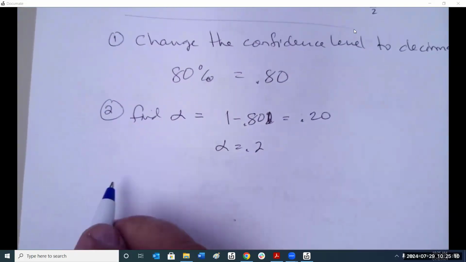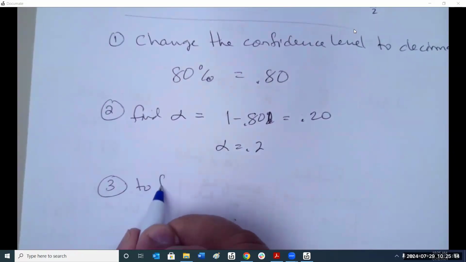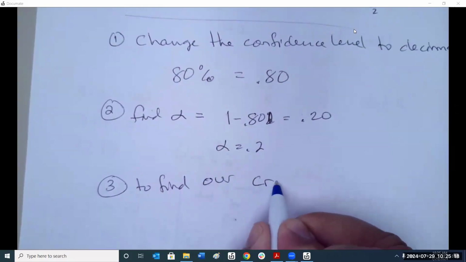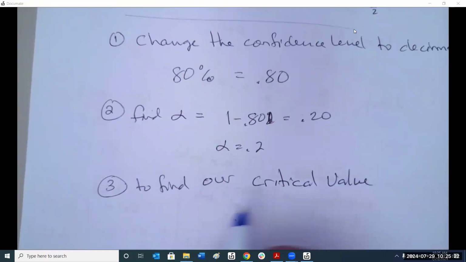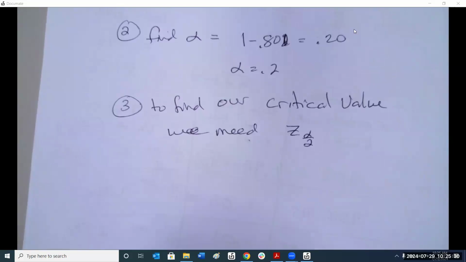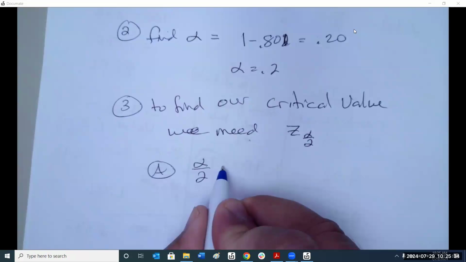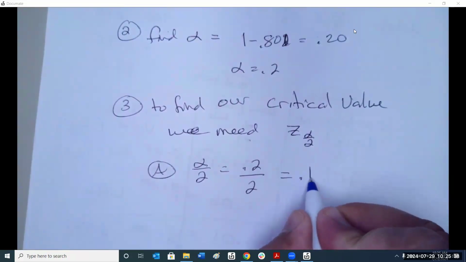We need to know this because now, to find our critical value, we need Z of alpha over 2. So divide alpha by 2, which is 0.2 divided by 2, which is 0.1.